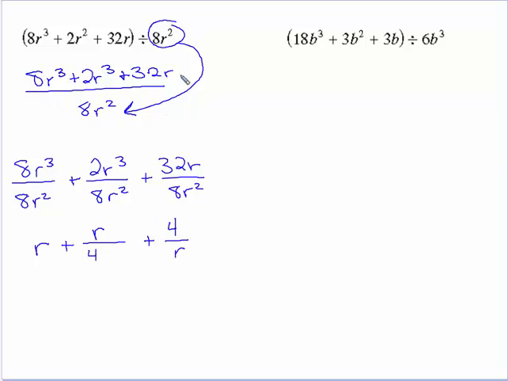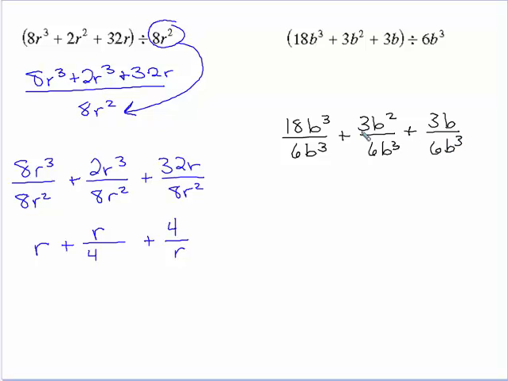Now you do not have to write this fractional step. You can go straight from this division to the individual divisions. Just write everything inside the polynomial being divided over top of the thing that it's being divided by. 18 divided by 6 is 3. 3 minus 3 is none. 3 over 6 gives me a 2 in the denominator, and 3 minus 2 leaves me 1b in the denominator.